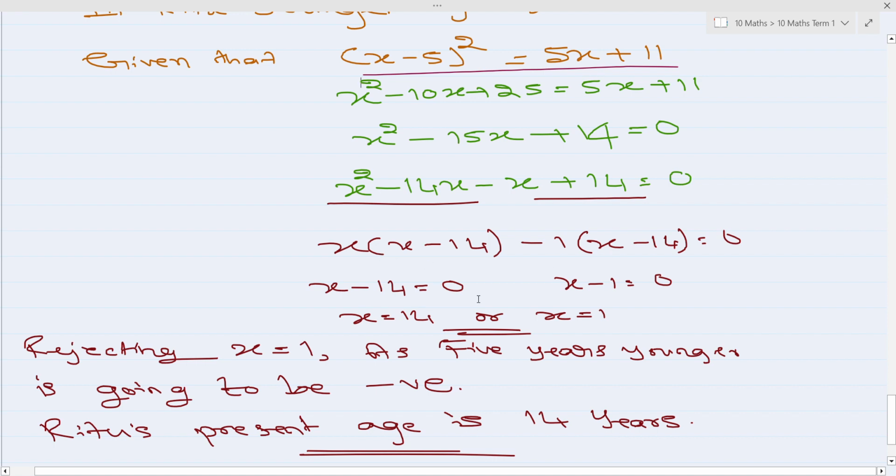So x minus 14 or x minus 1 is equal to 0. So x value 14 or x value 1. Rejecting x as 1, because if x is equal to 1 year, you cannot take a number 5 years younger. Ritu cannot be 5 years younger than 1 year. Therefore, rejecting that answer, Ritu's present age is 14 years.